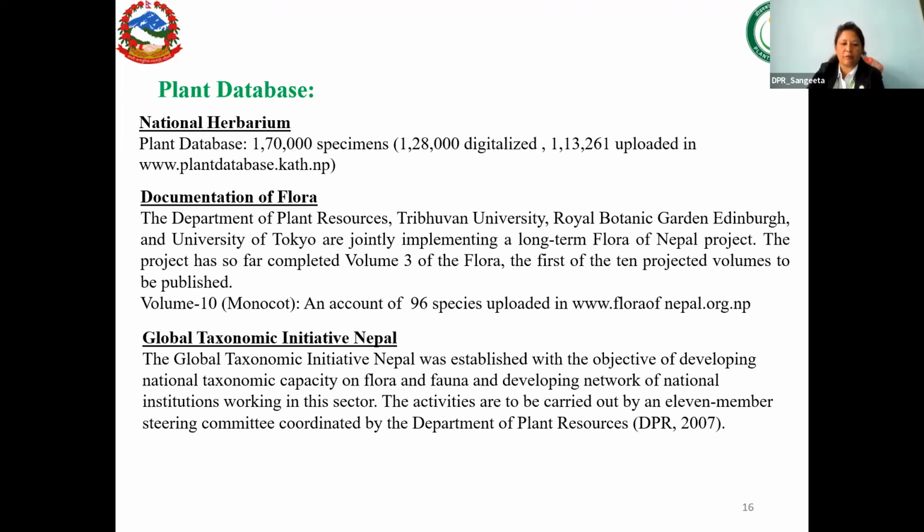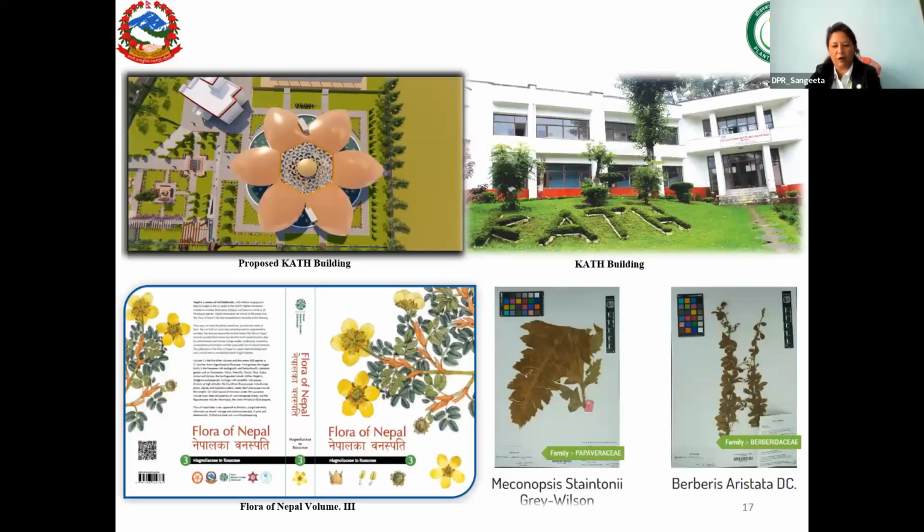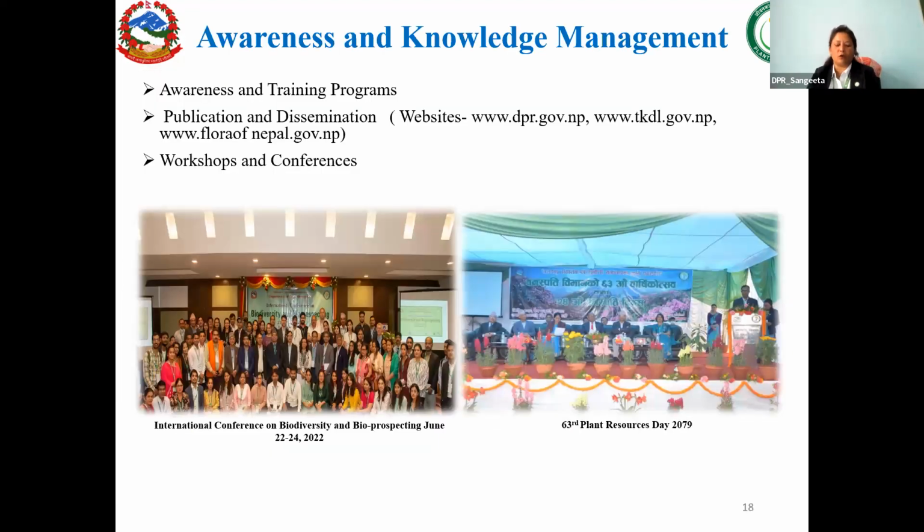So these are the efforts for the development of the plant database, so that we could make our plans and projects for the conservation of the plant resources. These are some of the photographs of our herbarium, of the flora volume 3, and some of the digitized herbarium specimens.